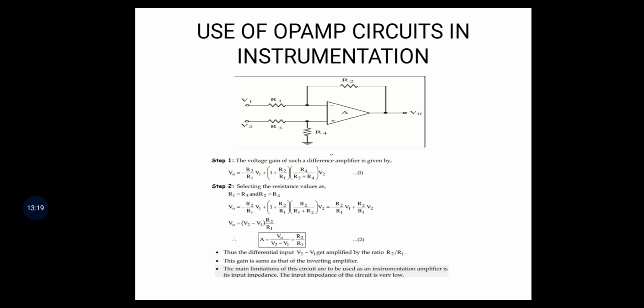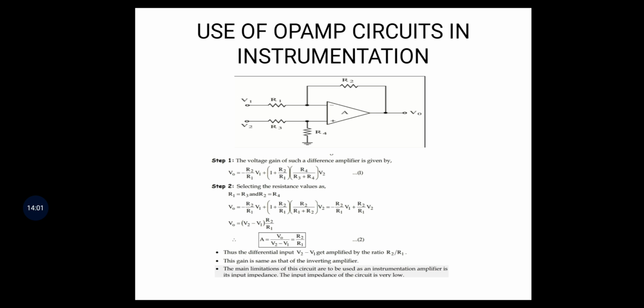Here R1 equals R3 and R2 equals R4, so V0 equals minus R2 by R1 into V1 plus R2 by R1 into V2, which gives V0 equal to V2 minus V1 into R2 by R1. The gain A equals V0 by V2 minus V1 equals R2 by R1.